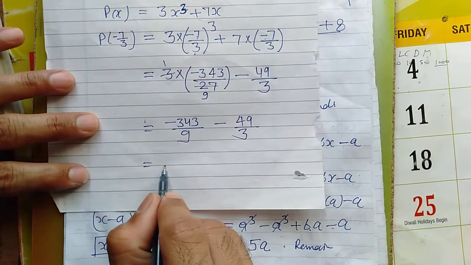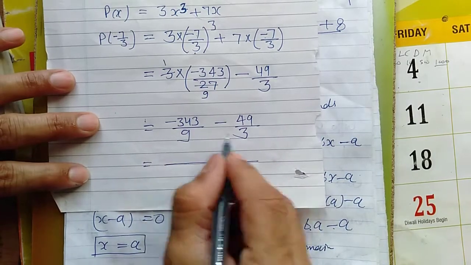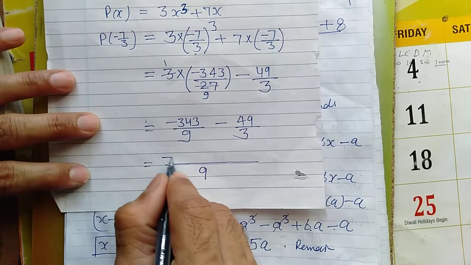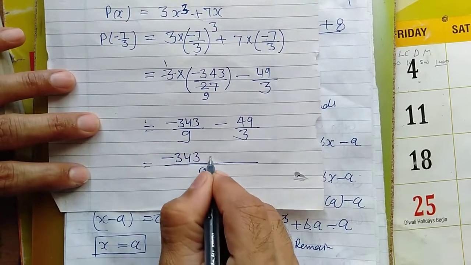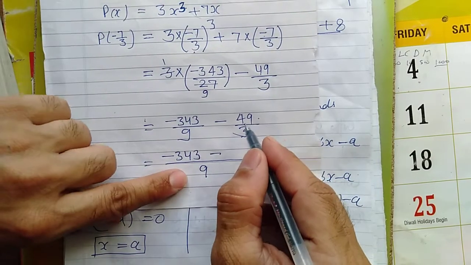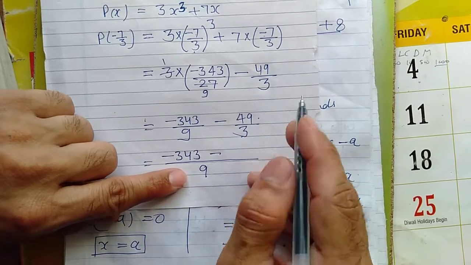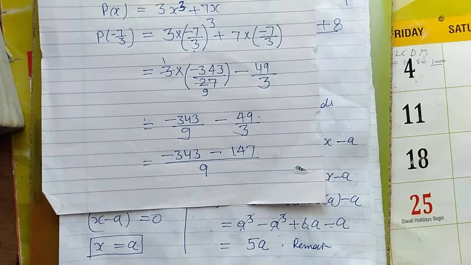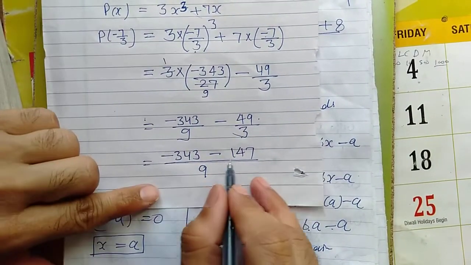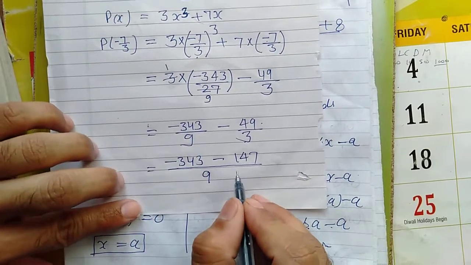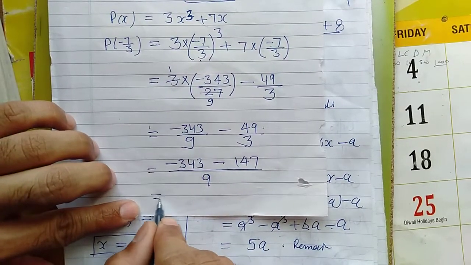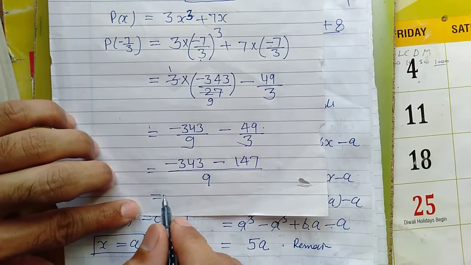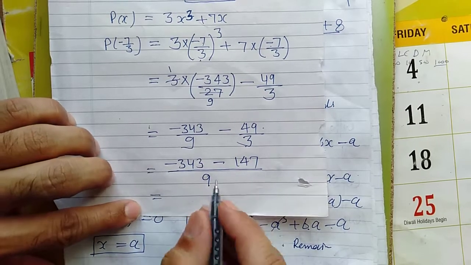Now let's solve by taking the LCM. The LCM will be 9, and this is minus 343 minus, 3 3s are 9, so 49 multiplied by 3 equals 147, right? And minus 343 minus 147 is equal to, let's add them, 490.